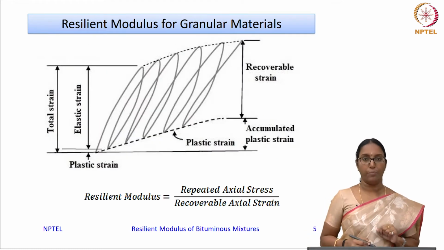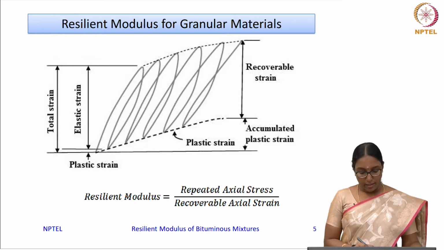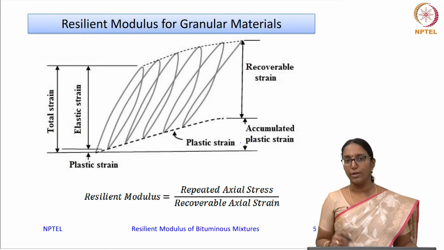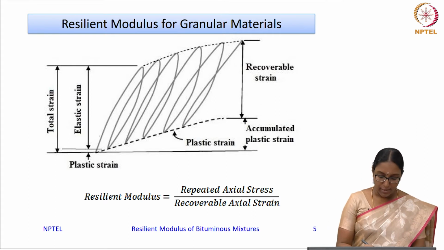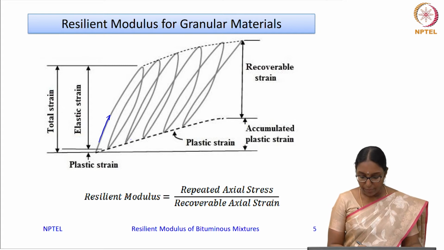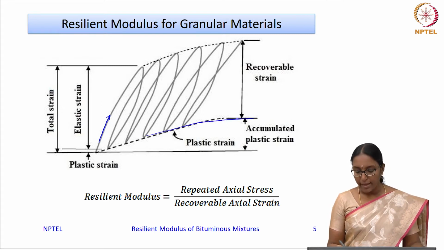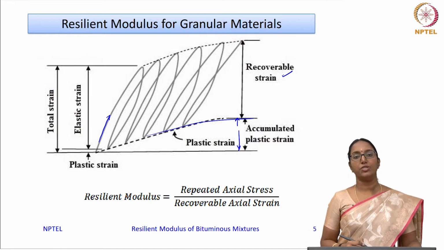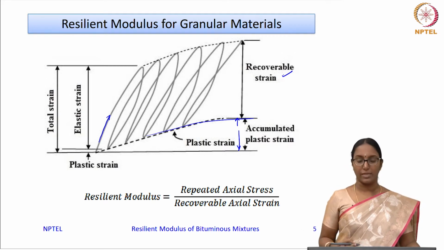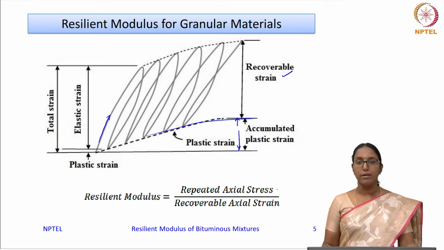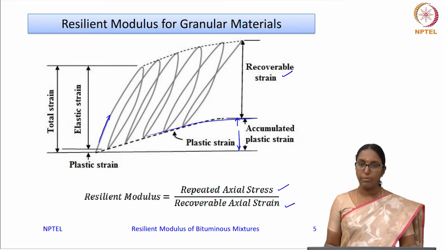As you can see here, this is strain versus time plotted for a repeated loading test on a granular material. These are the strains over the repeated number of cycles. Over a period of time, you can see that the accumulated plastic strain, as shown here, has come to more or less a constant, whereas the recoverable deformation or recoverable strain you can straight away measure from this, and the modulus can be explained as the ratio of the repeated stress to the recoverable axial strain.